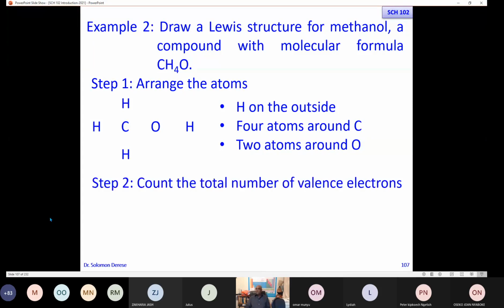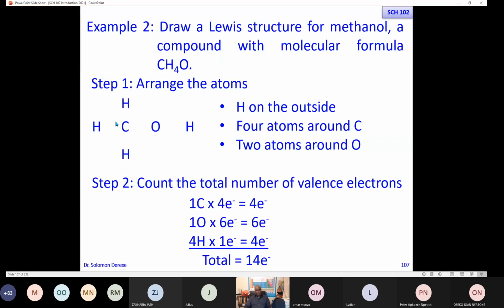Then, step 2, you count the total number of valence electrons. We have 1 carbon, 4 hydrogen, and 1 oxygen. What are the valence electrons on the carbon, the hydrogen, and the oxygen? We add them up to determine the total valence electrons.